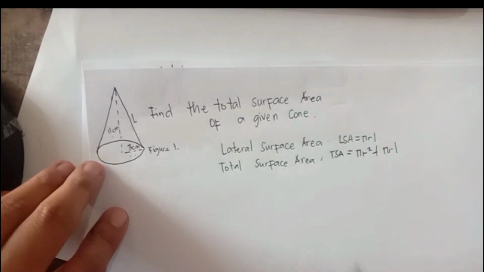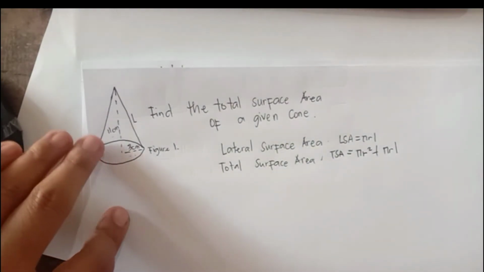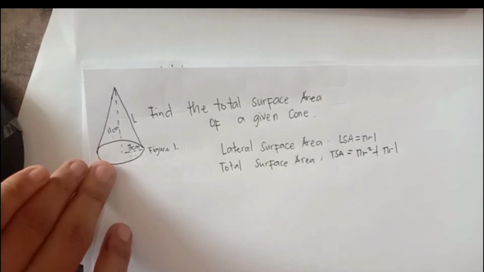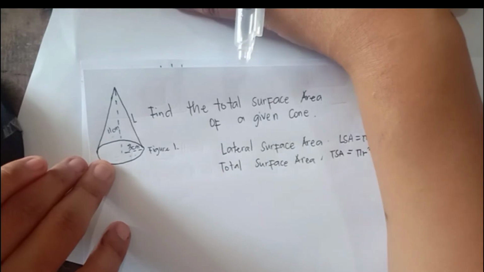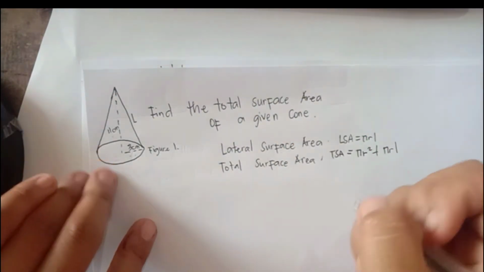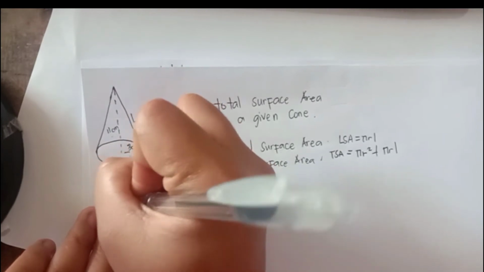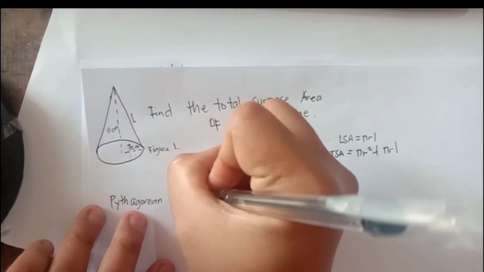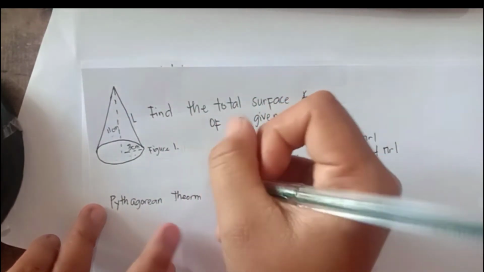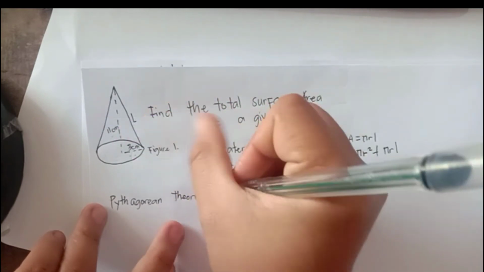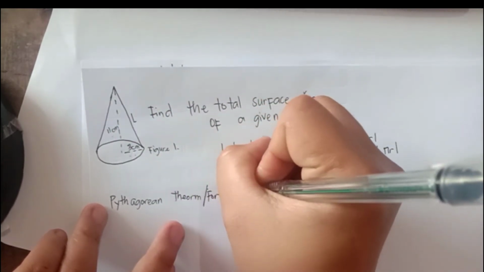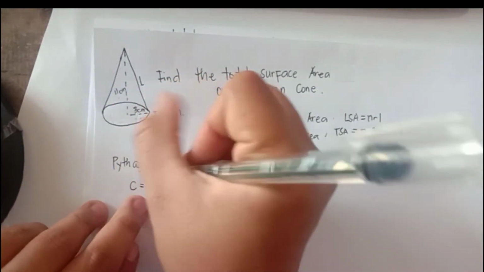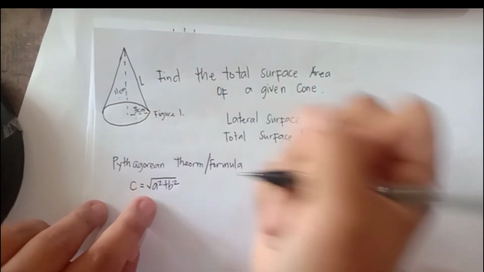To find the slant height, kailangan nating gamitin yung Pythagorean theorem. Ang ating formula sa Pythagorean formula is C is equals to square root of A squared plus B squared.